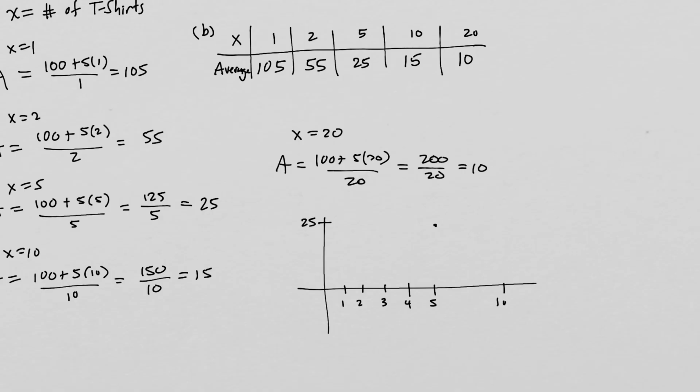At 10 t-shirts, the cost is $15. At 20 t-shirts, the cost is $10. And so what you can see is that you have this function that's going something like this. Right? It's coming down and it's getting closer and closer here. And that's because we have a horizontal asymptote going across here, right?